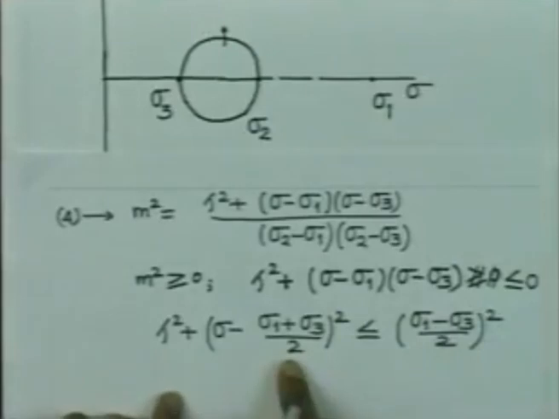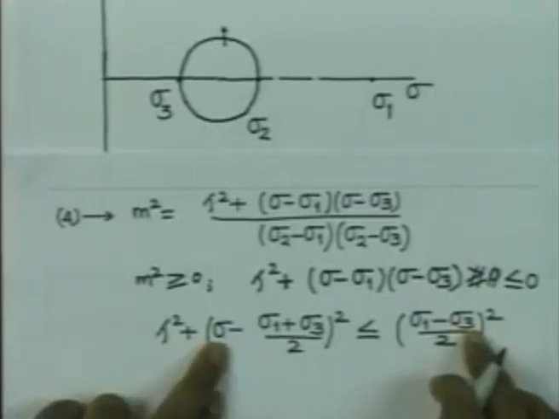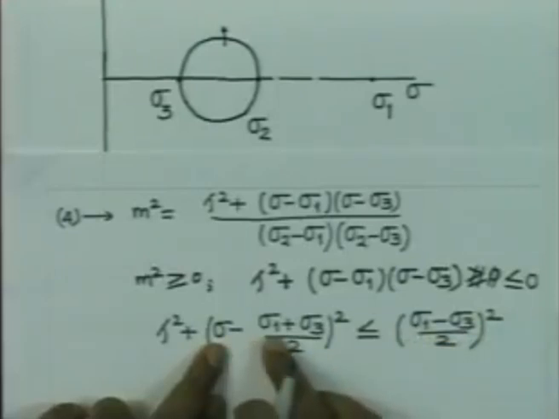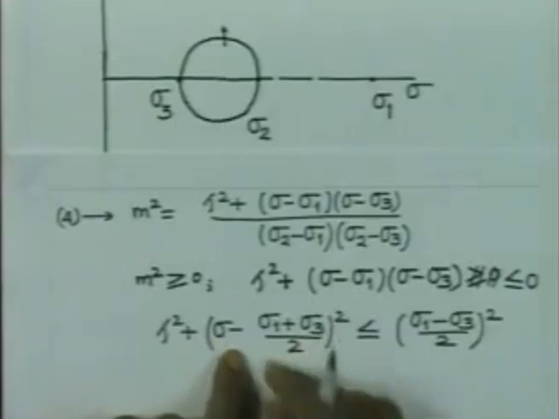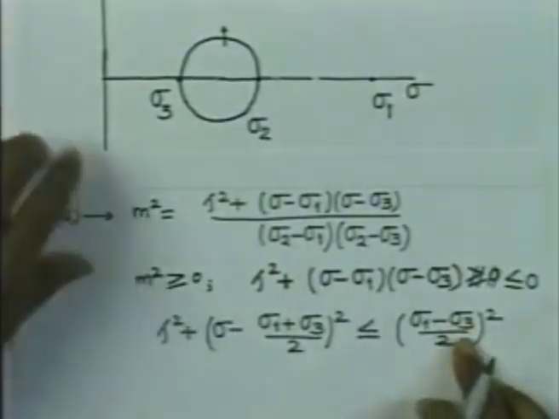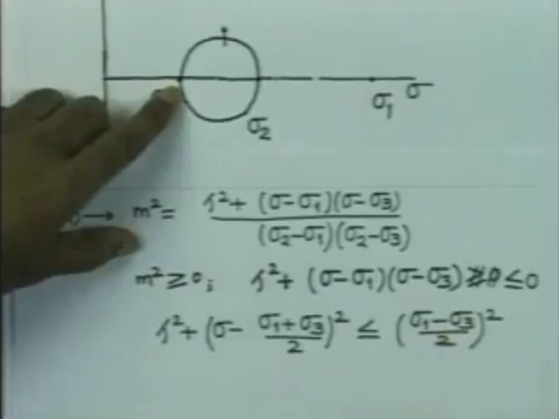So, this relationship indicates again, when we have this equality, that tau and sigma on all the planes passing through the point are going to lie on a circle of radius (sigma 1 minus sigma 3)/2, and its center is located at (sigma 1 plus sigma 3)/2. Sigma 1 is here, sigma 3 is here, so the midpoint is here. Therefore, all the stresses are going to lie on the circle or within the circle.